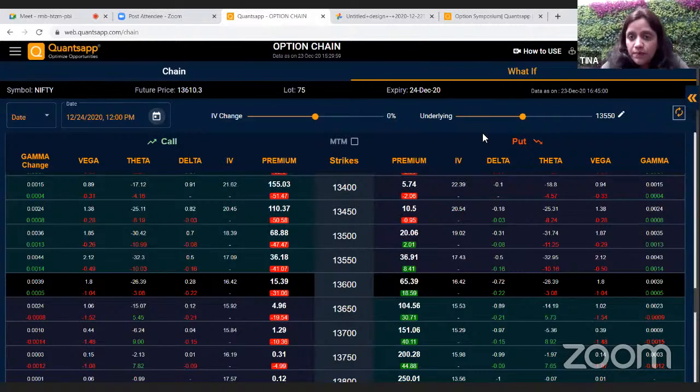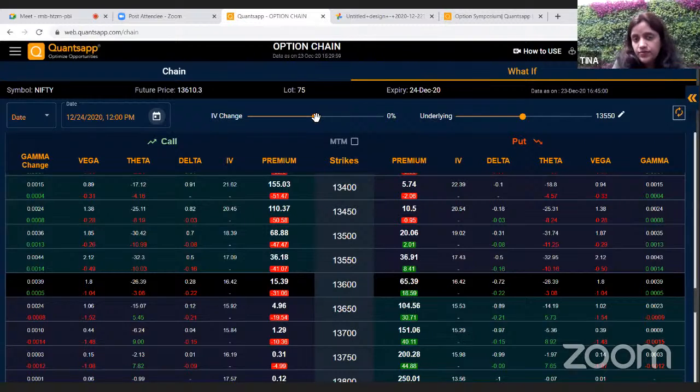So option chain what-if is a place which will help you find out the reasonable price of the option based on the Black-Scholes model, given your price, given your underlying movement, given your vol. Now here I have not changed the volatility, but say for instance we have an RBI policy at 11 o'clock or something.